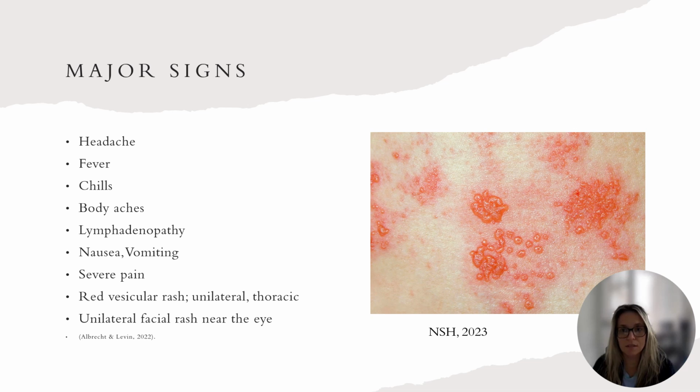Now that we've discussed the risk factors, we can discuss the signs and symptoms. So most commonly, a rash will acutely appear in one location in the body, mainly thoracic. In some instances, it can also appear on the face. The rash commences with erythematous papules along one dermatome of the body.